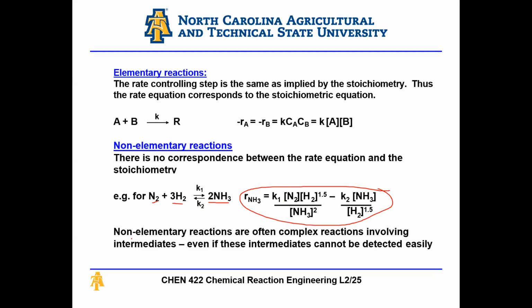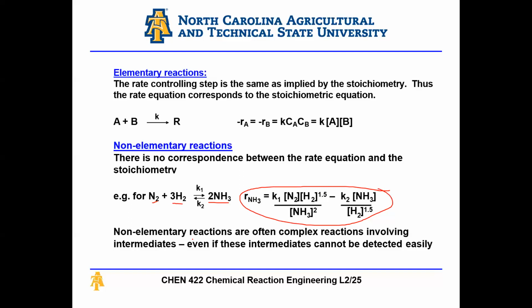And so this is called a non-elementary reaction, and this is most of the time, or always actually, due to having intermediates, having free radicals, and having other chemical elements available in the reaction, which we don't directly see, or we may not be able to detect. A common one is this new type of thing: a zip reactor, where you zip a molecule very quickly through a high temperature, low temperature, and you get a free radical, but the free radical is not there long enough for you to detect it.